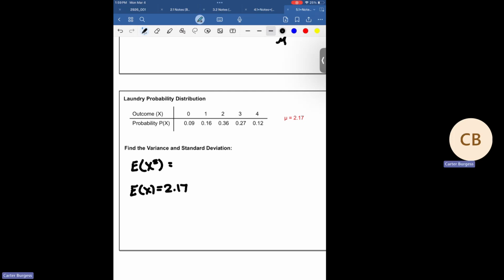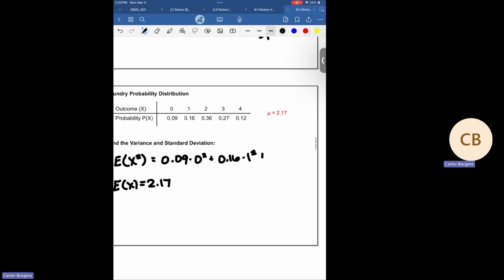So this is going to be equal to, our probability is still the same. So 0.09 times 0, but now instead of times 0, it is going to be times 0 squared. Plus, we still have that weight of 16%, now times 1, but instead of 1, it's going to be 1 squared.